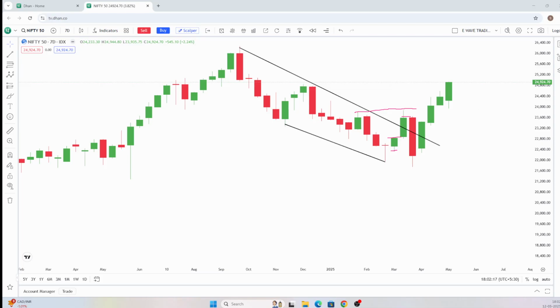Okay? It came below, it made a new low and closed here. So that is part of the business. When it is closed here, you are almost within the previous doji range.